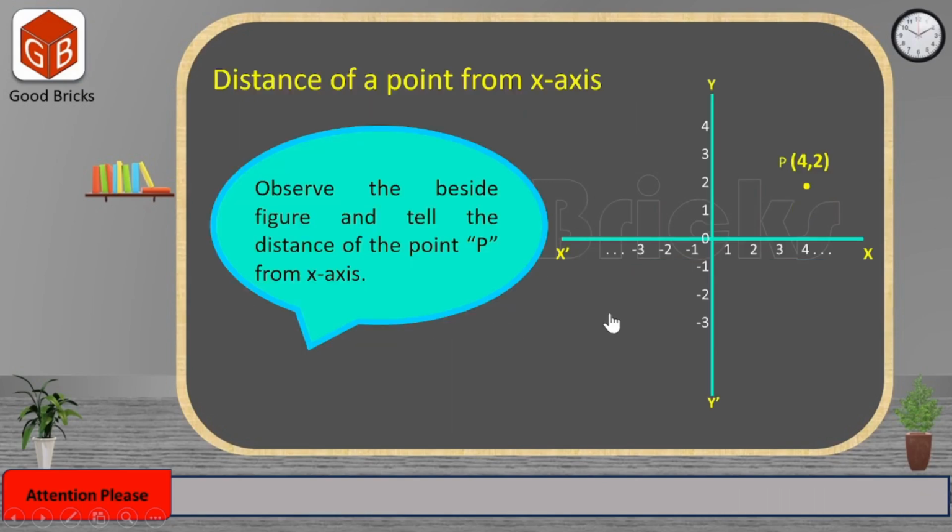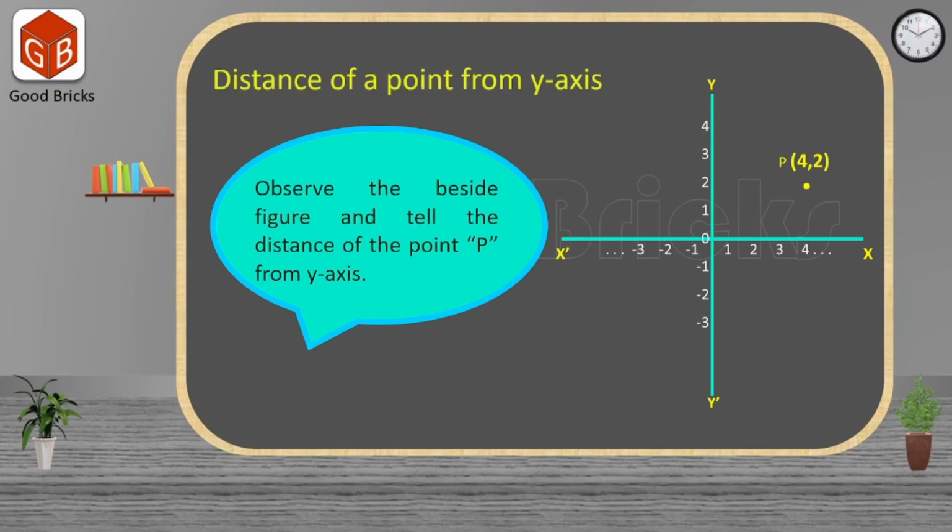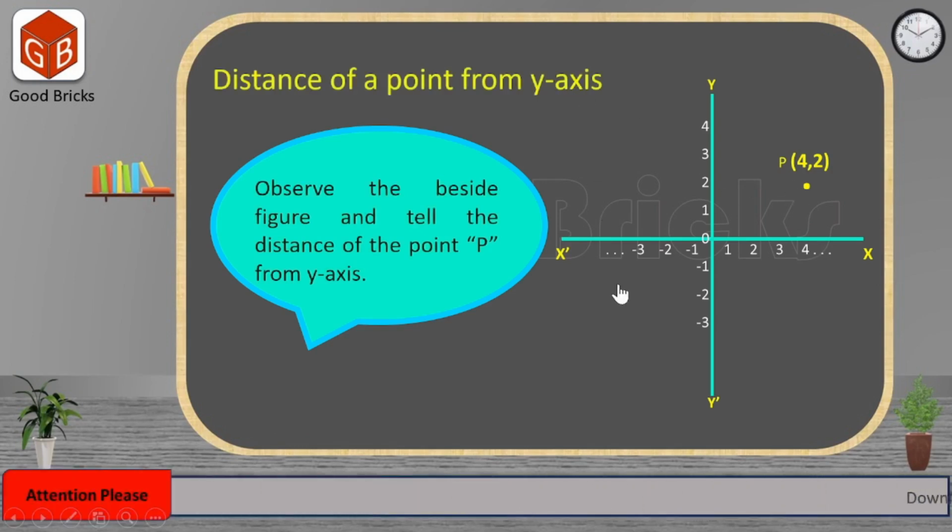Let us now find the distance of a point from x-axis. See here, this is a point and this is the x-axis. From here 0, 1, 2. So the distance of this point from this x-axis is 2 units. Now can you guess the distance of this point from y-axis?